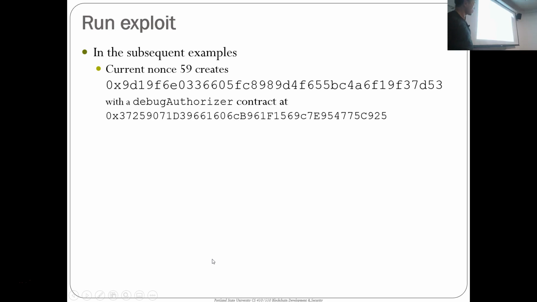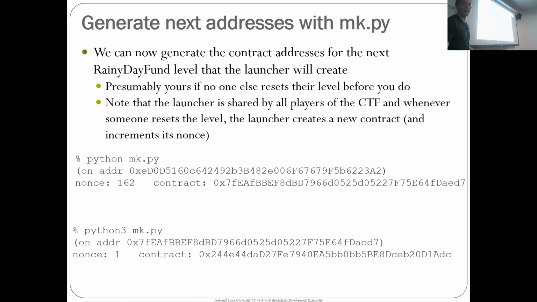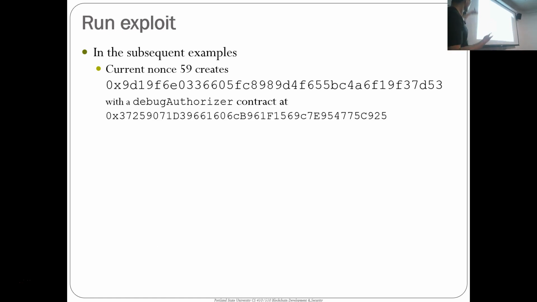Okay? And so now this is a walkthrough of the exploit. The screenshots show how this is done with a nonce 59. The script shows that this is the address that gets created, the level address. This is the debug authorizer contract address.